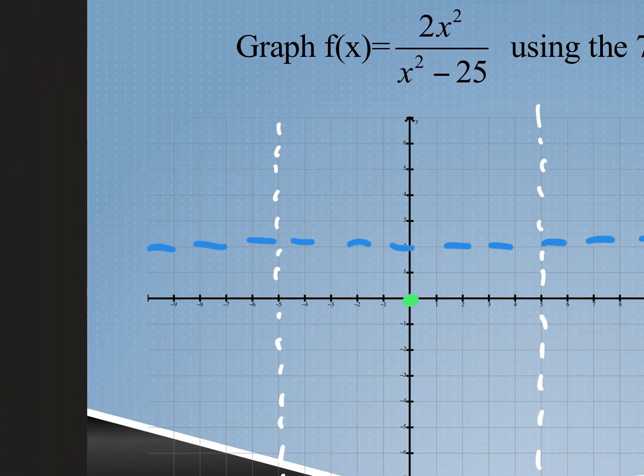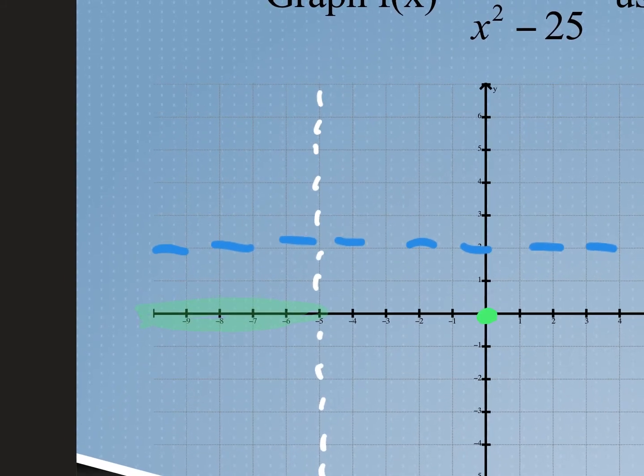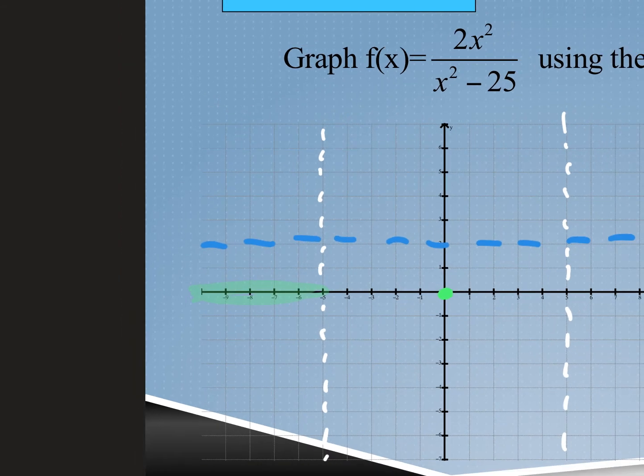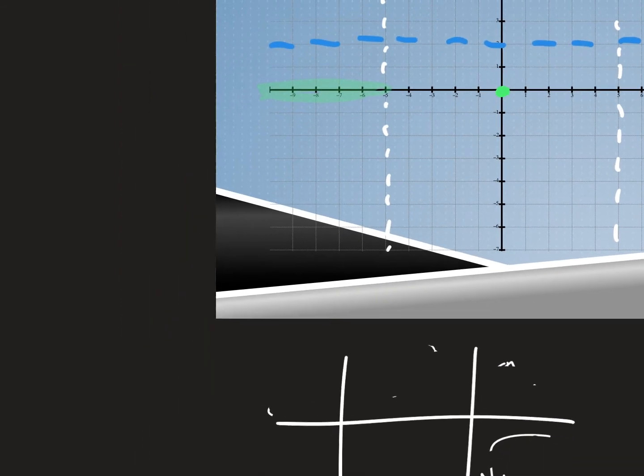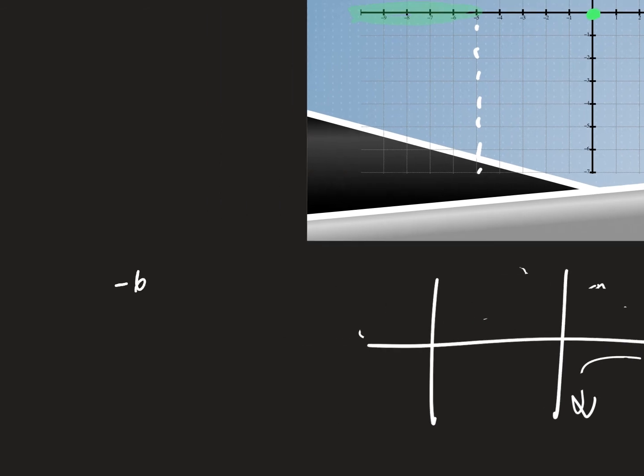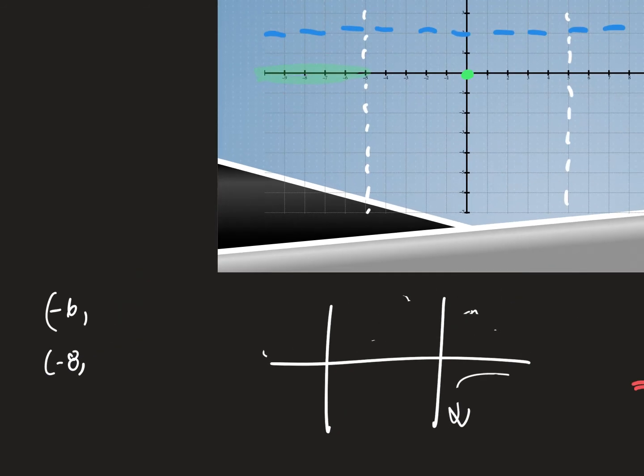So let's pick a point to the left. Let's pick 2 points to the left over here of my first vertical asymptote. Don't do ones right next to each other. How about like -6, -8? We okay with that? Okay, so I'm going to do -6 and then -8. We're just going to see where those points exist. So my function is 2x squared over x squared minus 25, so 2 times -6 squared over -6 squared minus 25, right?